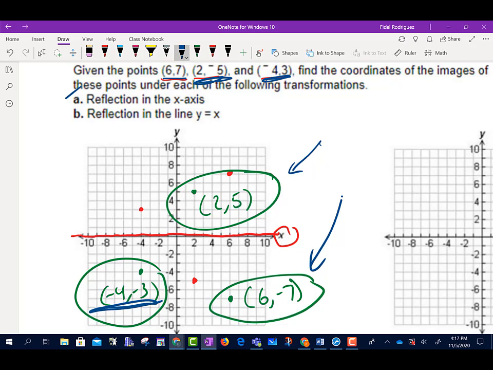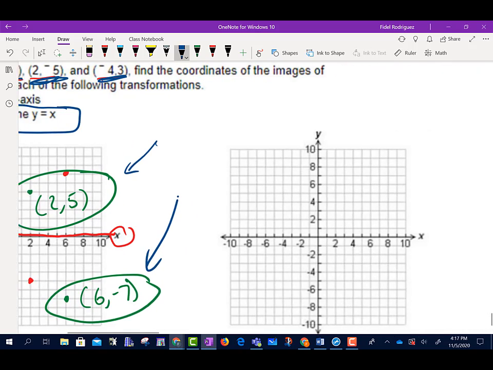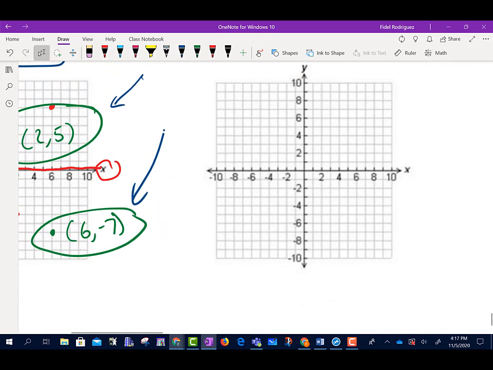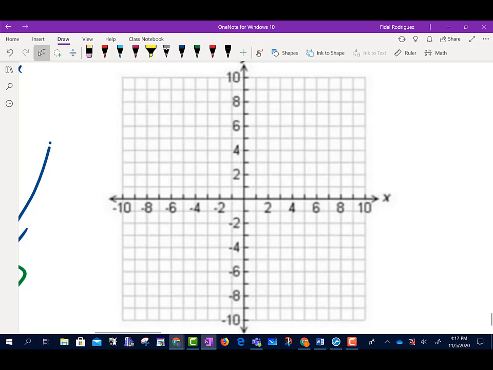Now let's do part B, a reflection in the line y equals x. Okay, so the first thing I want us to think about is what does the line y equals x look like? It means that we're going to have points along this diagonal here. Sorry, my pen freezes up.